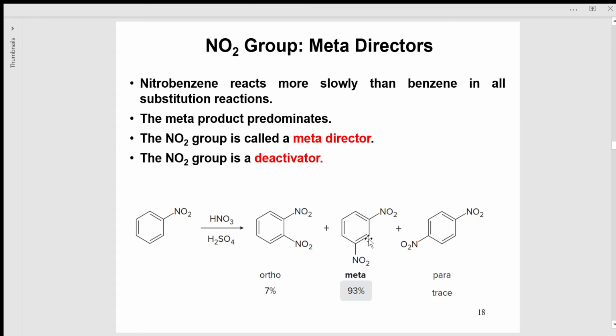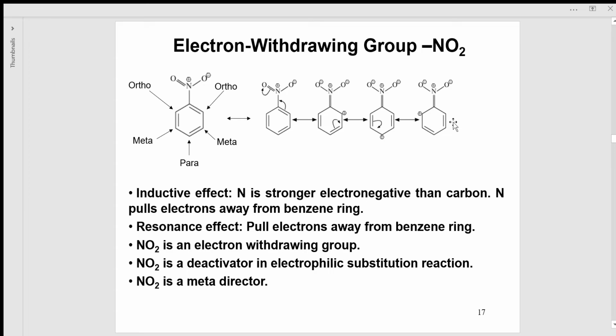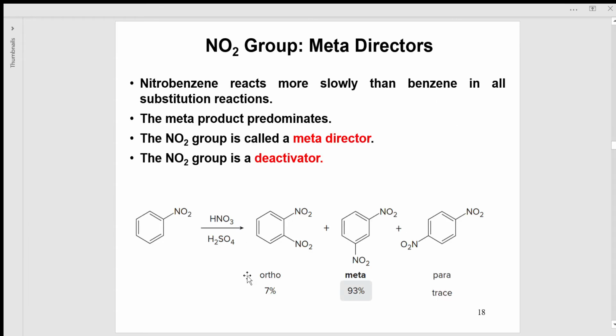This is meta, this is para, and these are the two ortho positions. As we analyzed in the previous slide, the nitro group is a meta director, so meta is the major product. This reaction is also slower than the nitration of benzene without this nitro group, because the nitro group is a very strong electron withdrawing group.